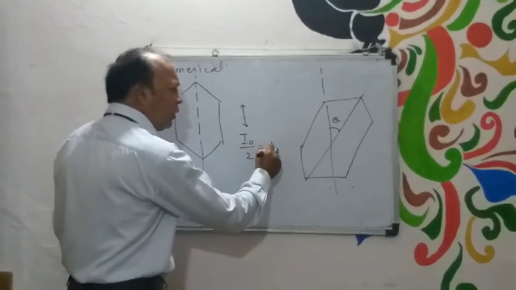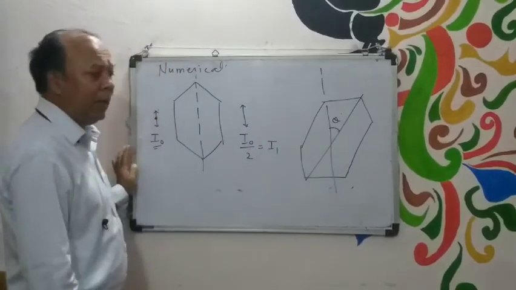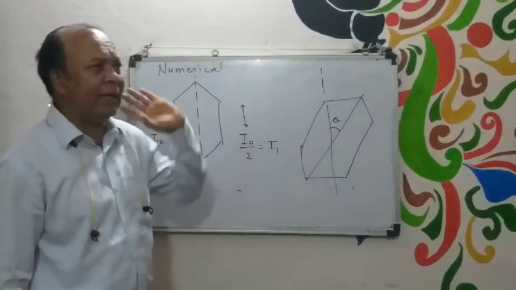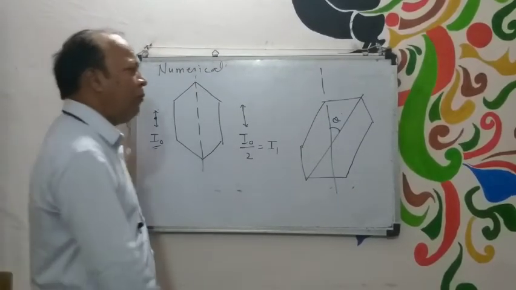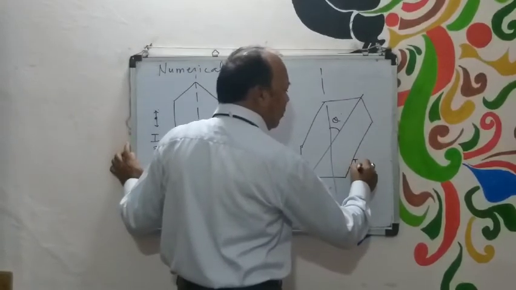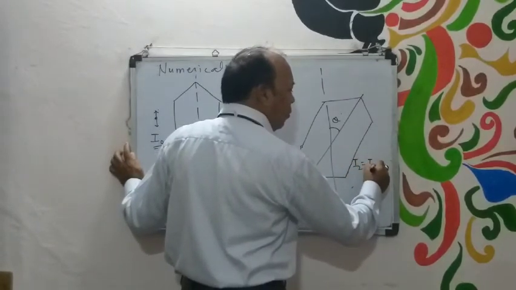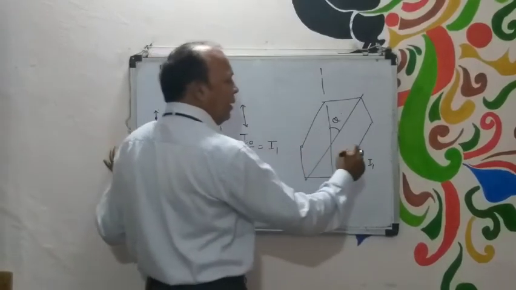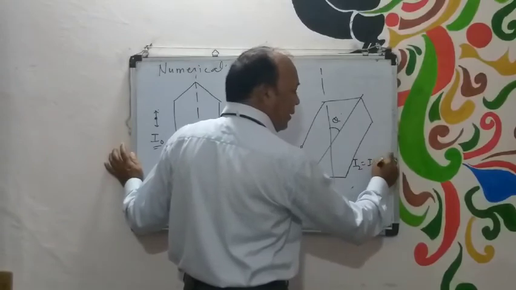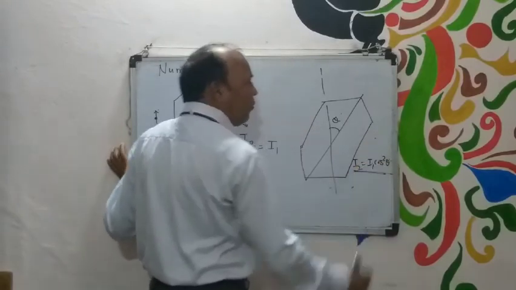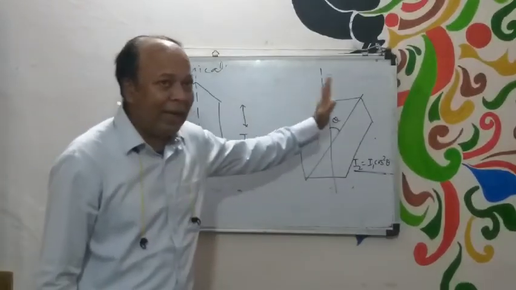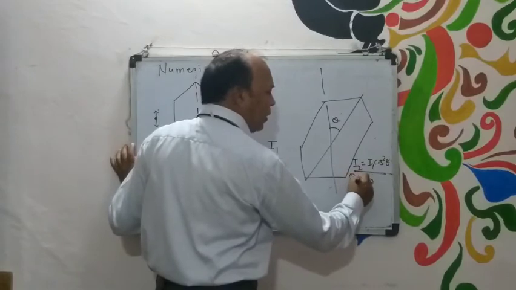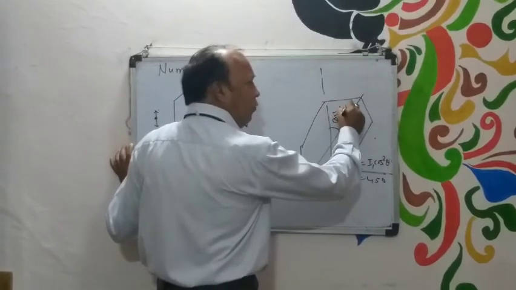Suppose I0 by 2 is I1. The angle between the plane of analyzer and the plane of polarizer is theta. According to Malus law, the intensity I2 should be equal to I1 cos square theta. This is the intensity of light passing through this analyzer. Again, if this angle theta is 45 degrees, suppose someone asks that this angle is given as 45 degrees.